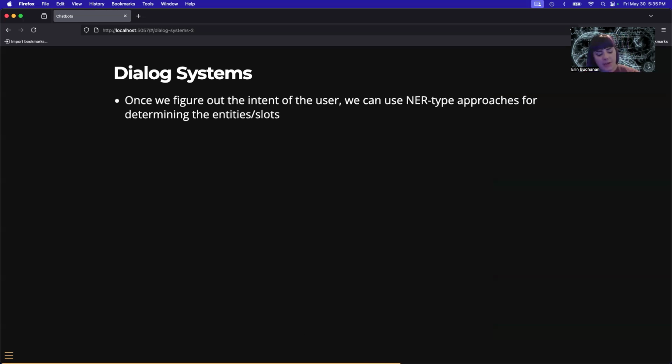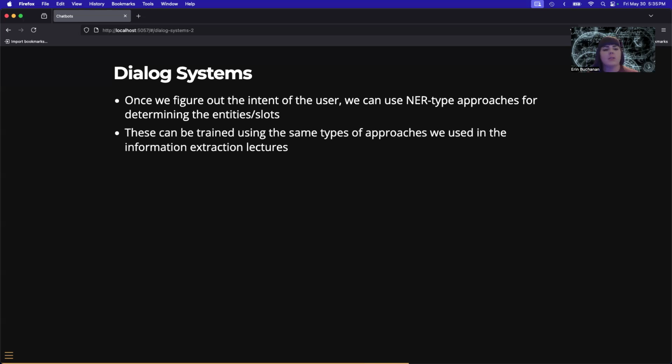So once we figure out the intent of the user, we can use NER or information extraction approaches for determining what those entities or slots should be, and then systems that generate text to fill in those slots. This can be trained using the same types of approaches we used in those lectures. I think now the systems are a bit more opaque.